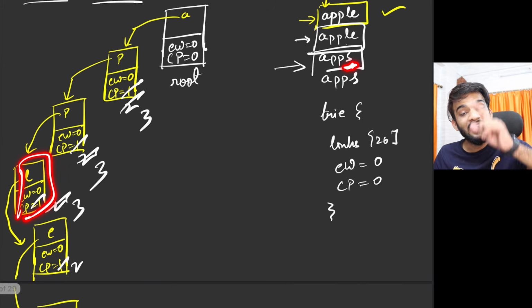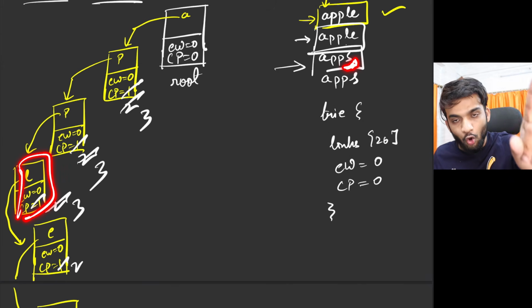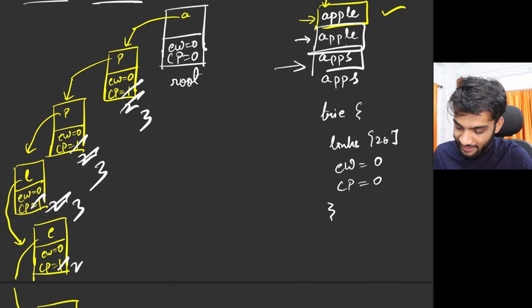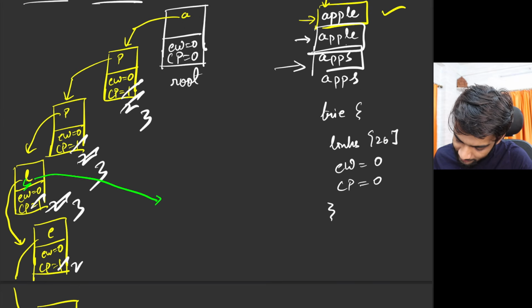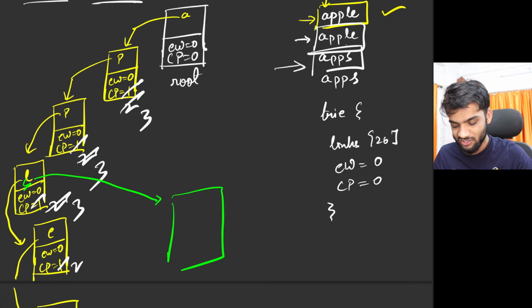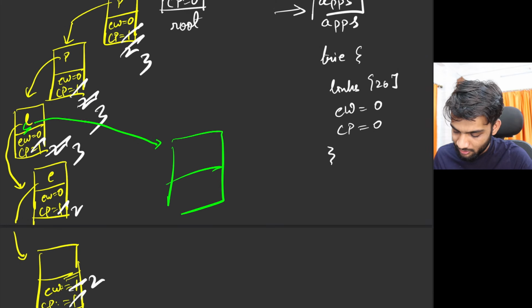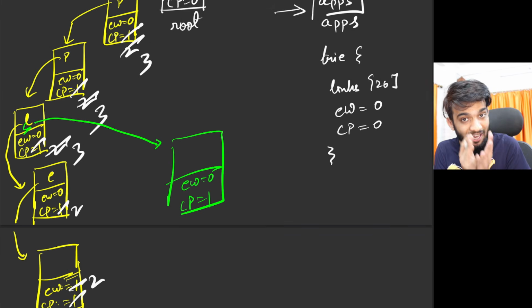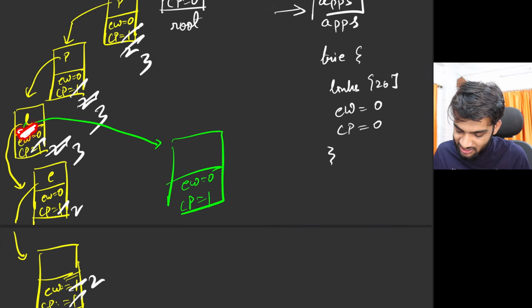Next, you're standing here. Does S exist? No. So that's the moment you'll say, I will insert an S and I'll create a try for that with end with as 0 and count prefix as 1. Because there is someone, yes, this S try is this.